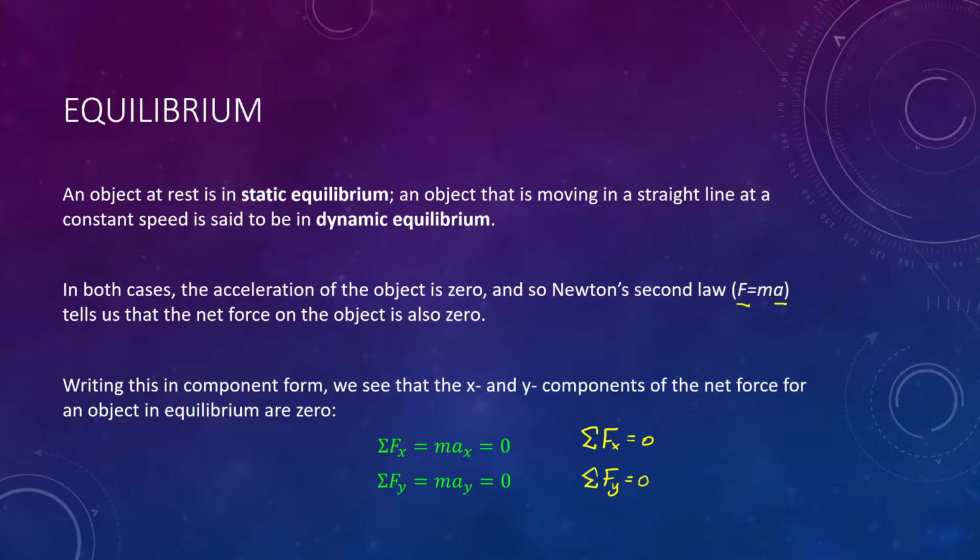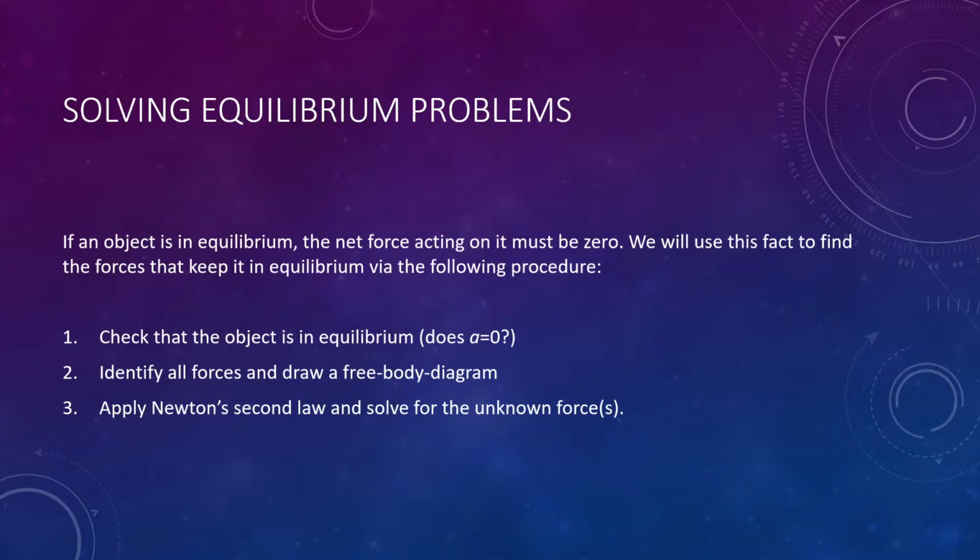Let's take a look at how to deal with these types of problems and then solve a few of them. So again, remember that objects in equilibrium have no net force acting on them because there is no acceleration. So let's use that idea to solve problems. Anytime you have an object that is in equilibrium, this is the key, we will do the following.